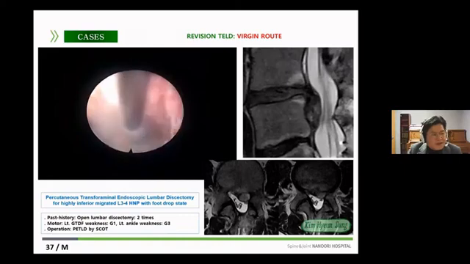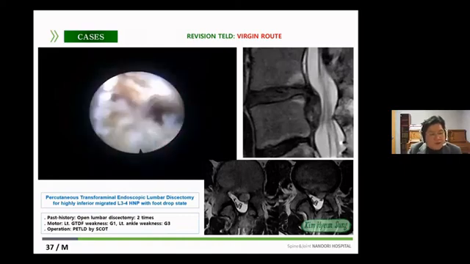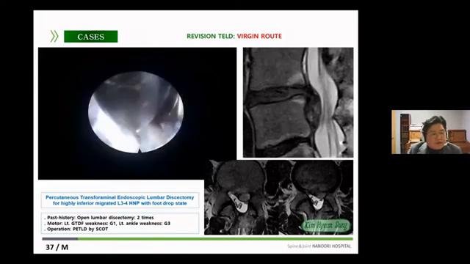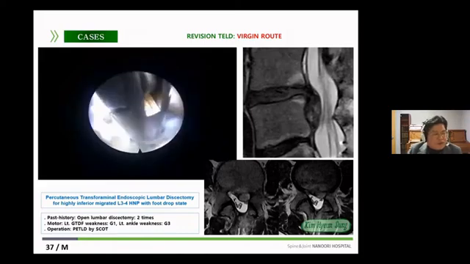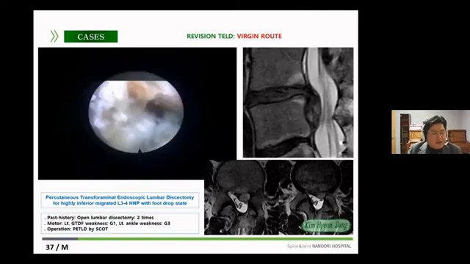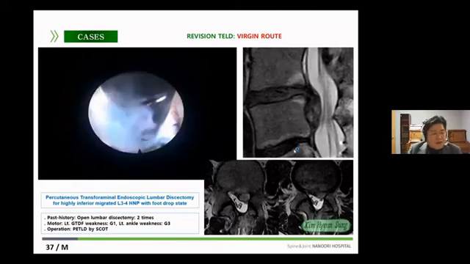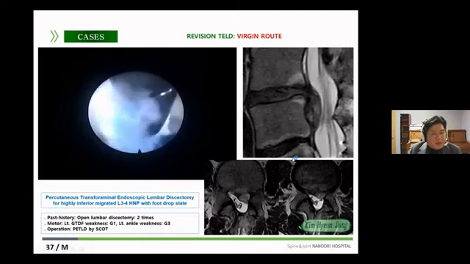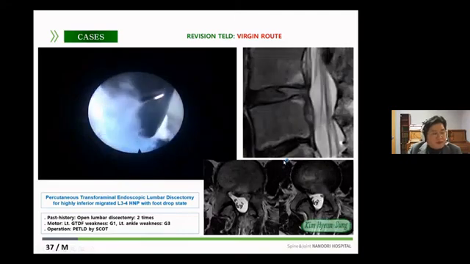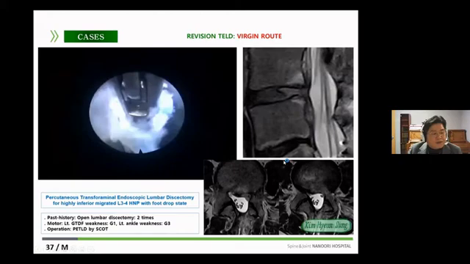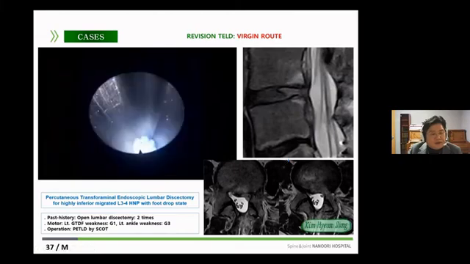In the cases of recurrence after open lumbar discectomy, open surgery may lead to dural tears or neural damage due to adhesion. However, if we use the transforaminal lumbar discectomy, it can minimize this problem by using a virgin route independent of the existing open route like here.